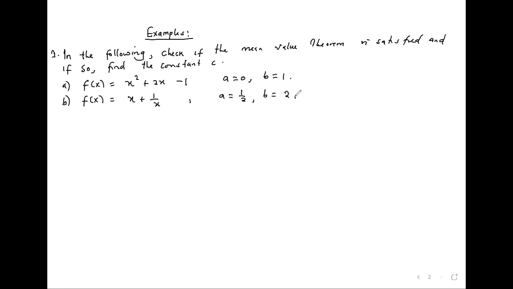Then you say, okay, solution. The mean value theorem requires that f prime of c be equal to f of b minus f of a over b minus a.